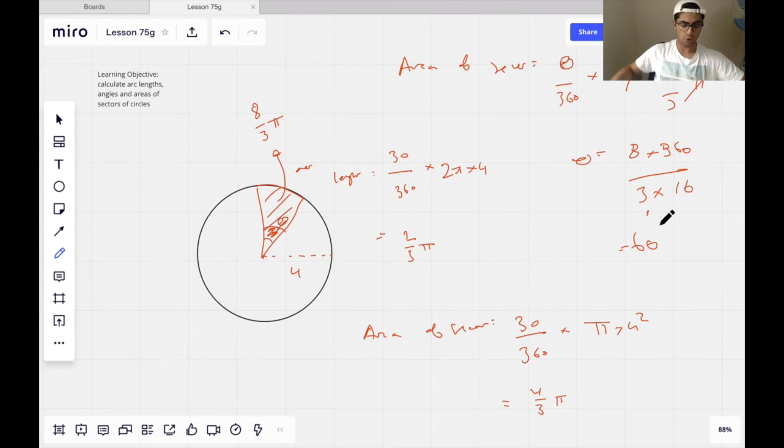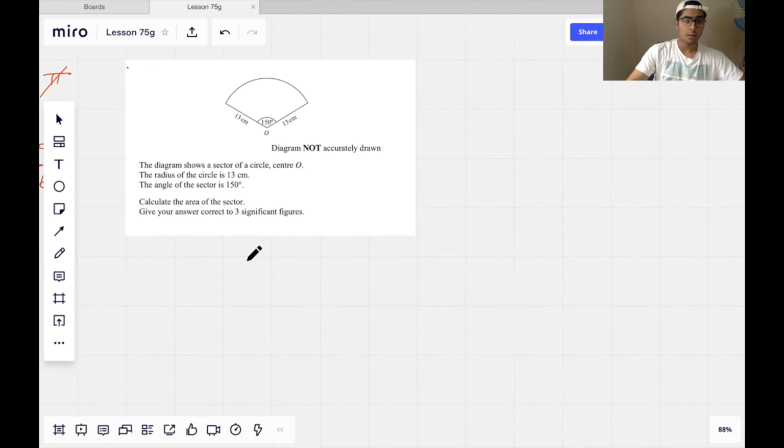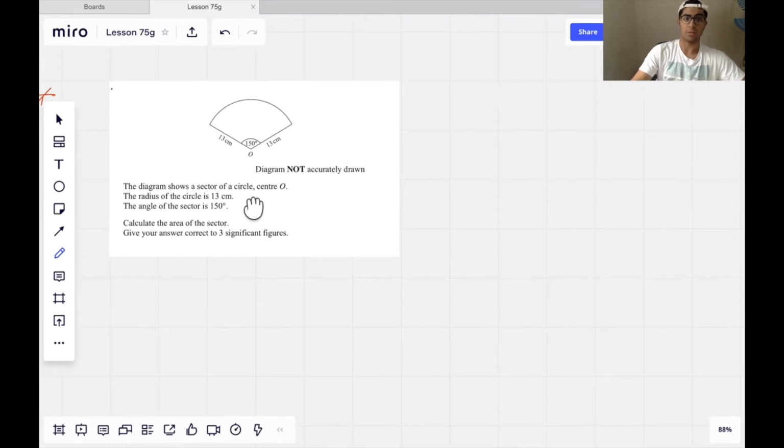So I've just got a few questions which involve this kind of thinking. The diagram shows a sector of the circle, center O. The radius of the circle is 13. The angle of the sector is 150 degrees. Calculate the area of the sector and give your answer correct to 3 significant figures. This is literally the same as before.